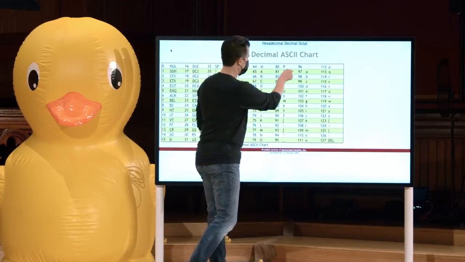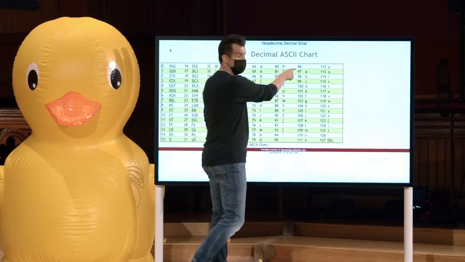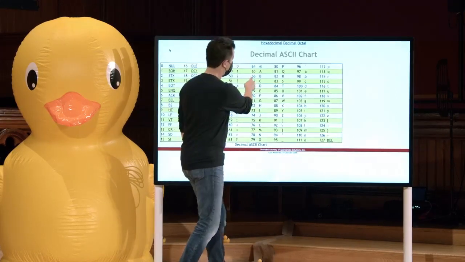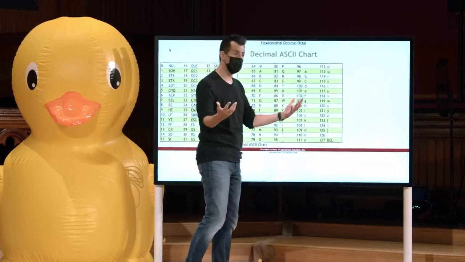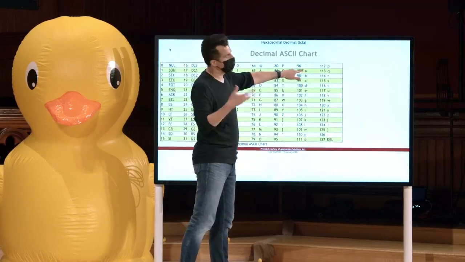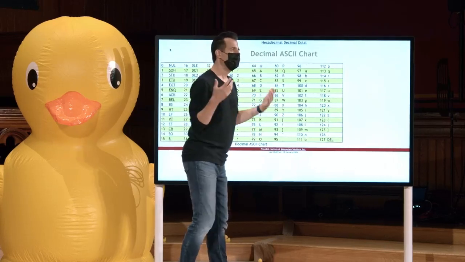So if I want to go from uppercase to lowercase, I can do 65 plus 32 and that gives me 97. And that works out across the board for everything else. 66 plus 32 gets me to 98 or lowercase b. Or conversely, if you have a lowercase a and its value is 97, subtract 32 and boom, you have capital A.